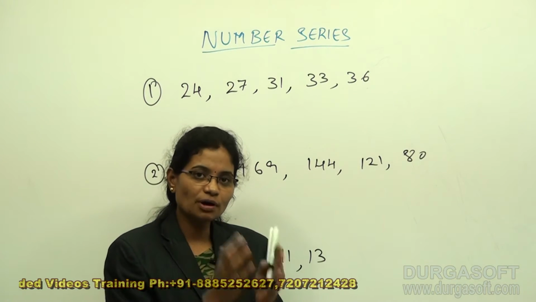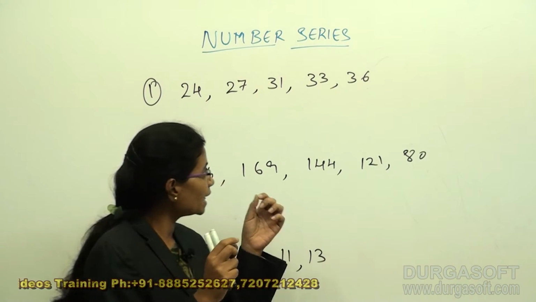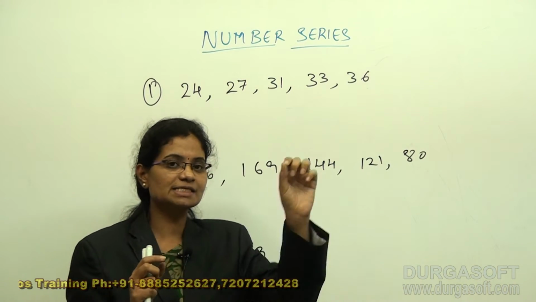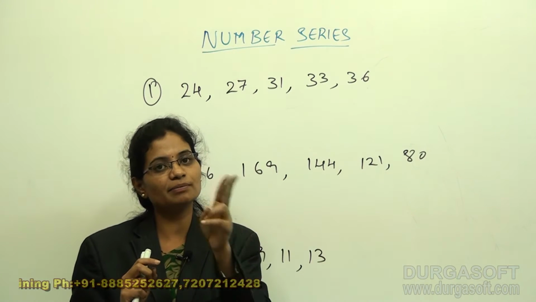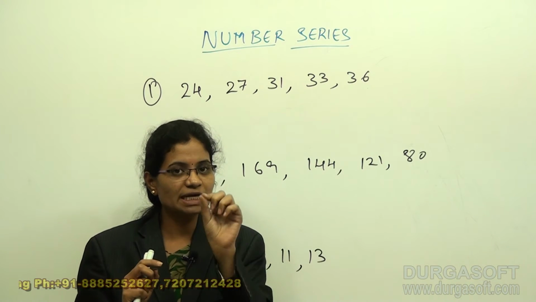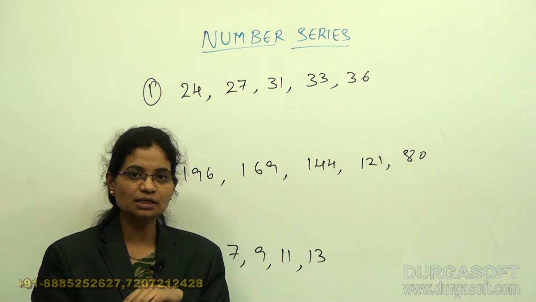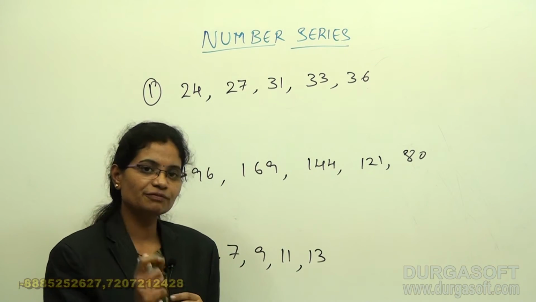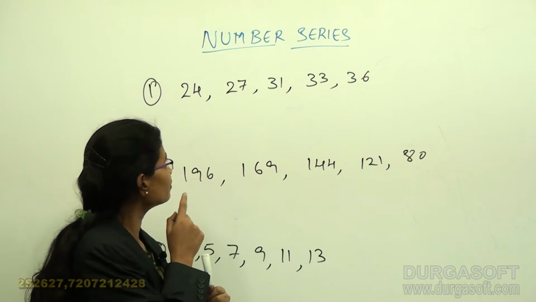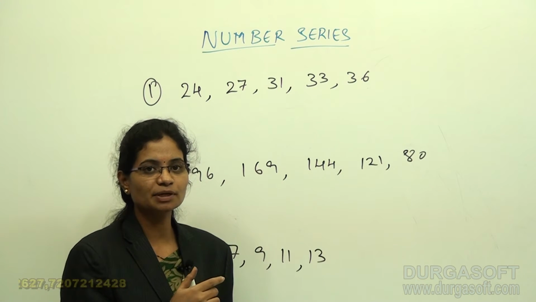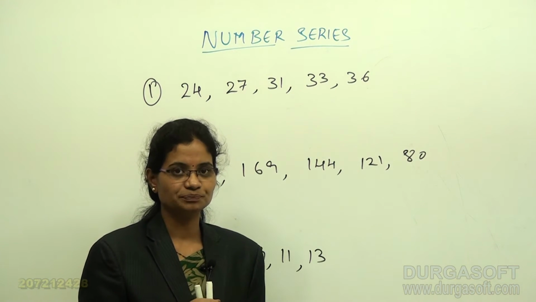If you are not getting any idea, then just take the difference of the first number with the second number, and next the difference of the second number with the third number. With those differences you will come to know what the logic is.